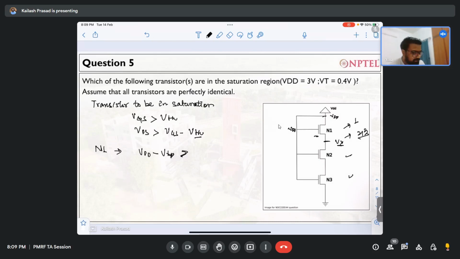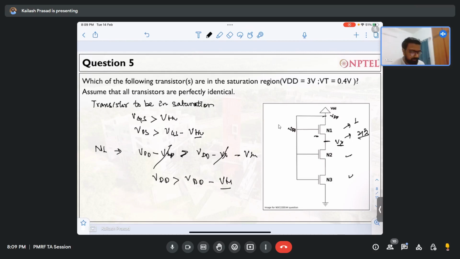Let's see if it is satisfied or not. Again, VDD minus Vx minus VTH, right? So Vx and Vx are cancelled, right? VDD should be greater than VDD minus VTH, right? Which is a true statement, right? VDD is always greater than VDD minus VTH, right?